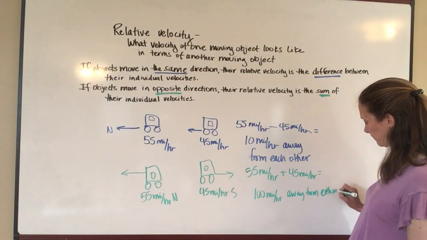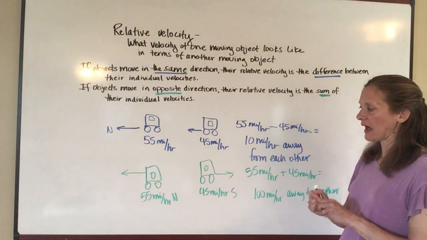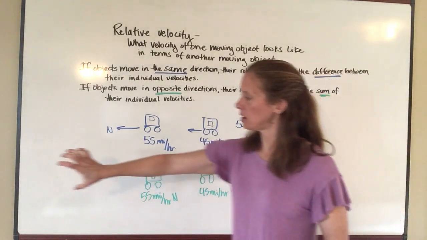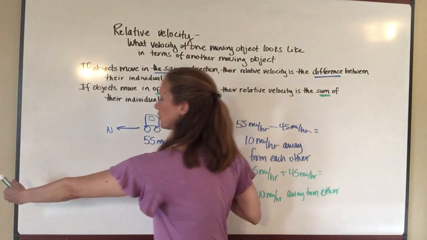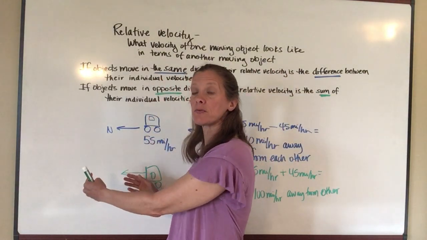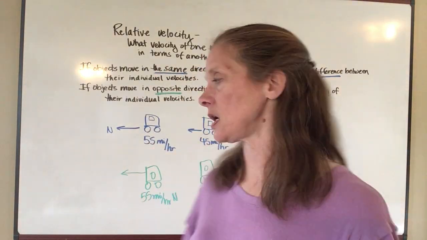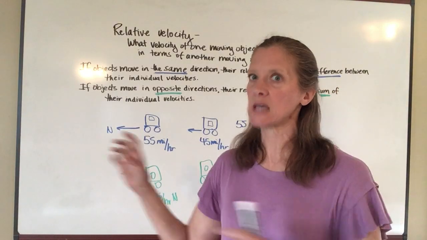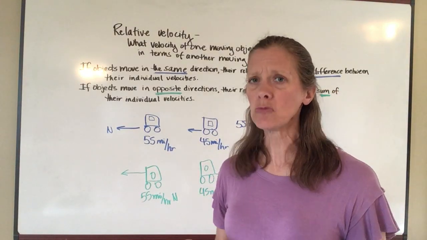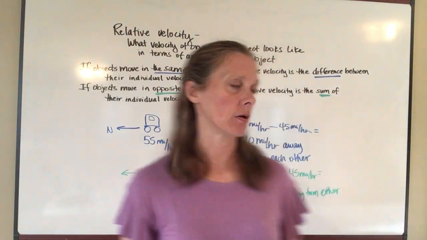Okay, now, had I started with this car up here, and they're coming toward, then I would say their relative velocities are toward each other. That's why it's so important to read your problem carefully and draw a picture so you can see exactly where everything's located. So I want to make sure you draw that picture so you can see it well.